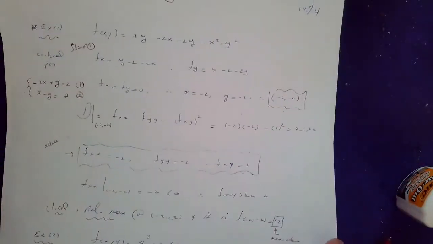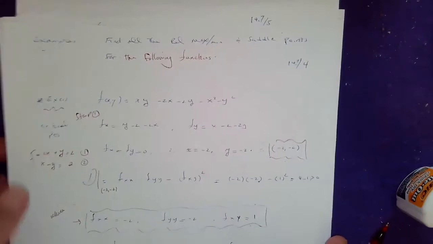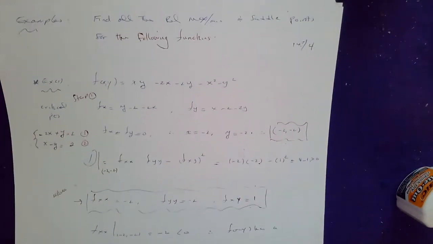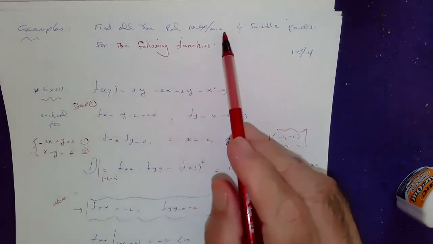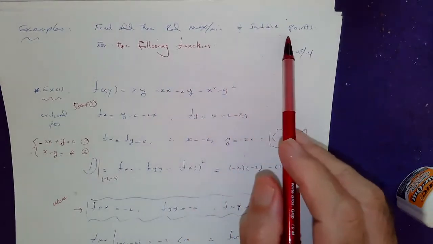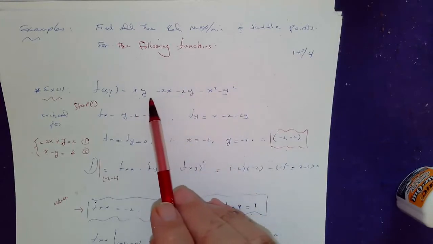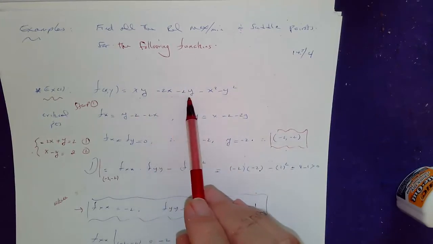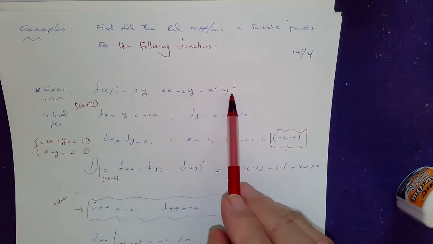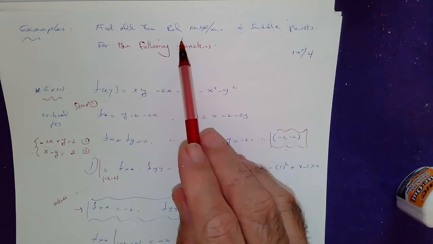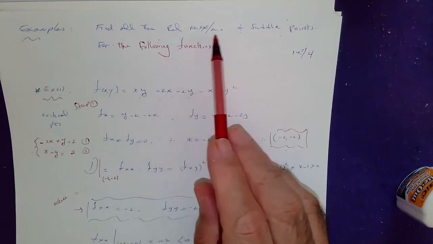So now let's do an example quickly to see if we can find all the relative maximum, minimum, or saddle points for the following function. Here's my function: xy minus 2x minus 2y minus x squared minus y squared. How would I find all the possible relative max or min?